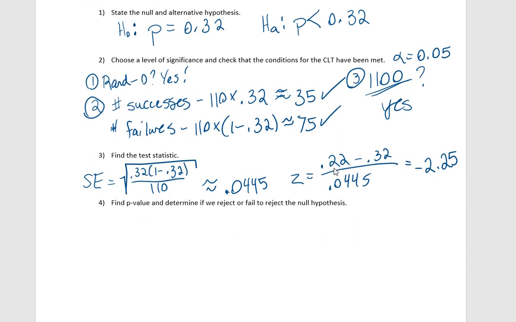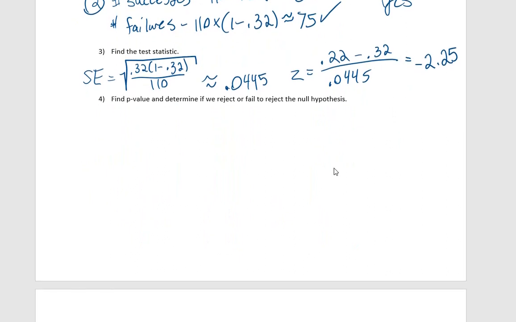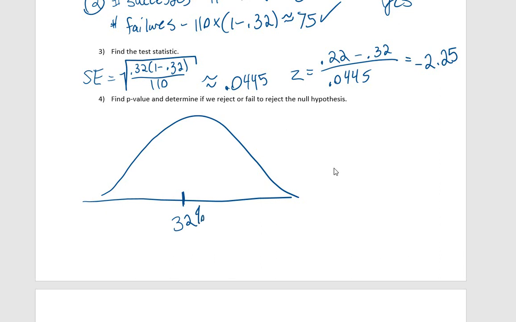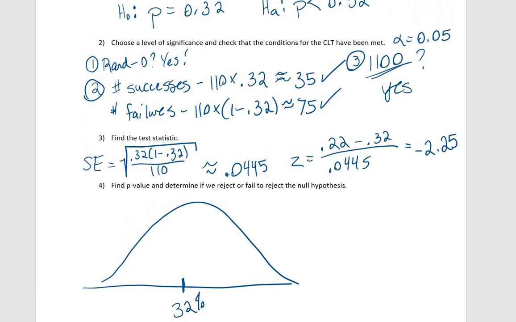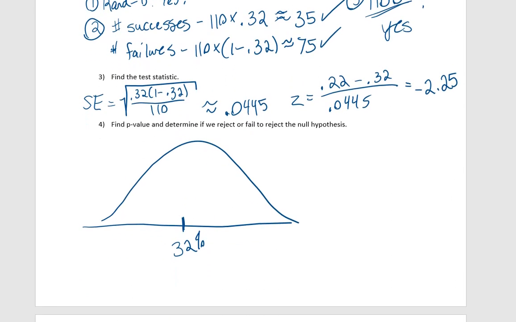All right, now what we want to do is find the p-value and determine if we accept or reject our null hypothesis. So remember, if we draw a normal curve and we suspect that 32% of freshwater fish have high levels of mercury, but then our alternative hypothesis is that they actually have less, then we're looking to find the area to the left, and that's where the 22% is that we found in our sample.